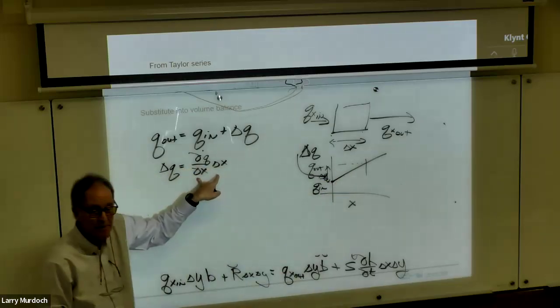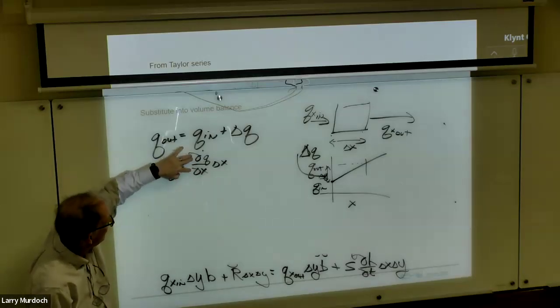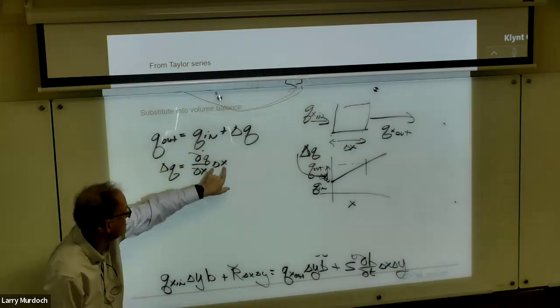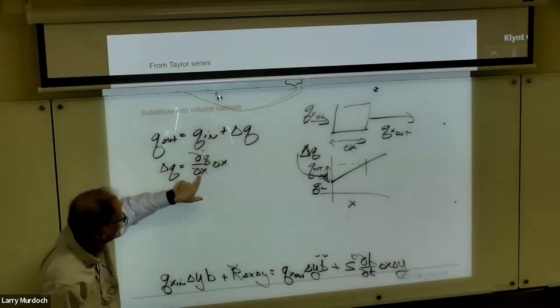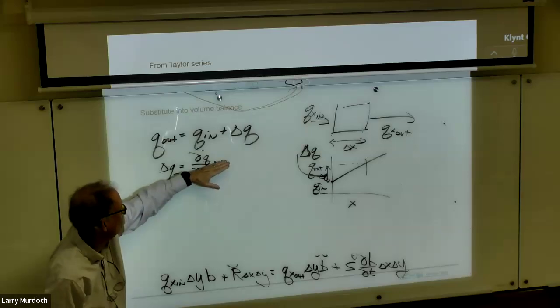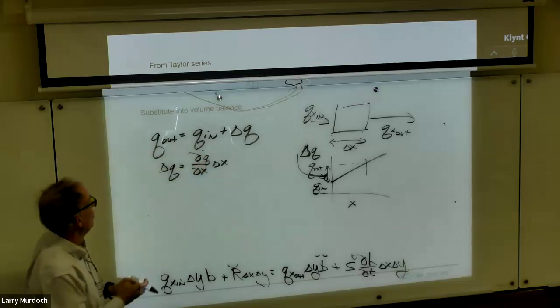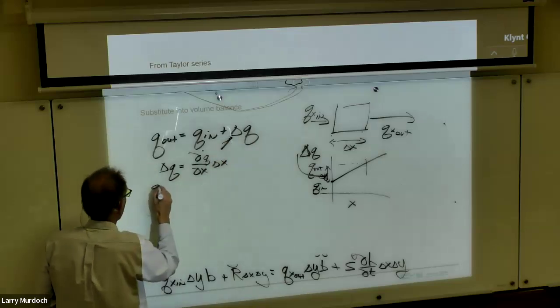You can think of this as the slope, and that's a delta X, an actual distance. But you can kind of think of it conceptually that delta X cancels out with that dx, and gives you a dQ here. Okay, so this goes in there.